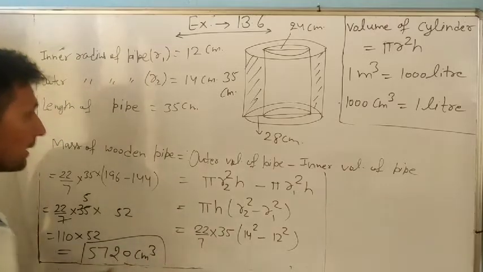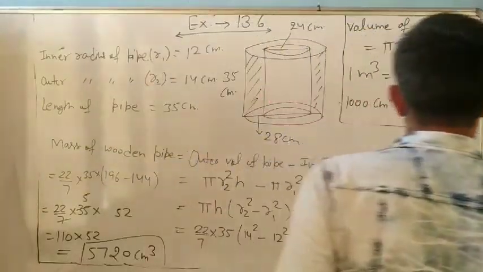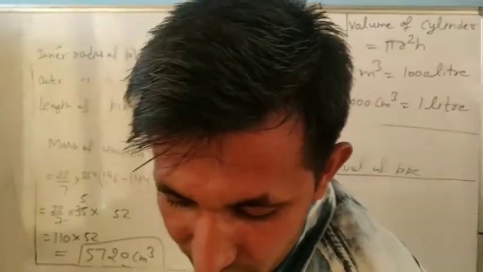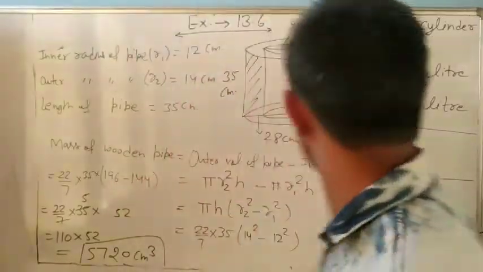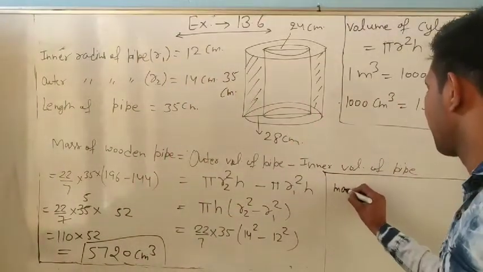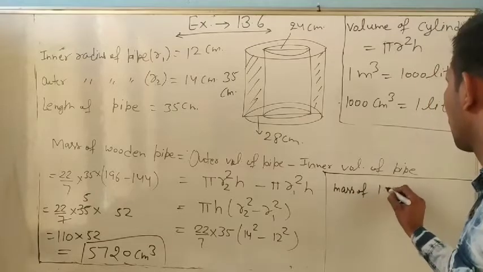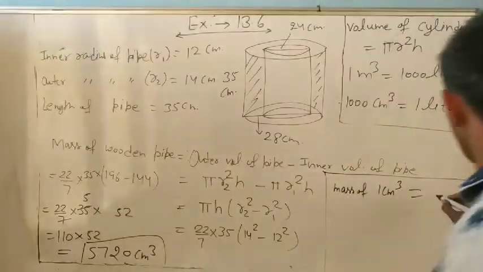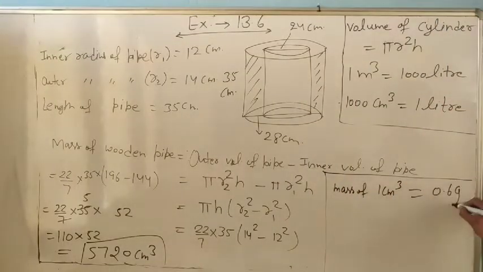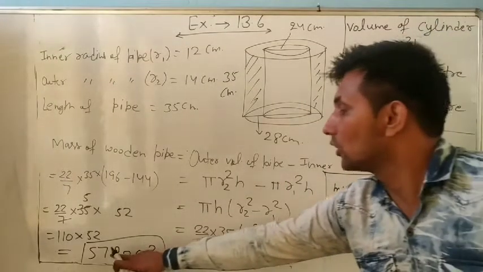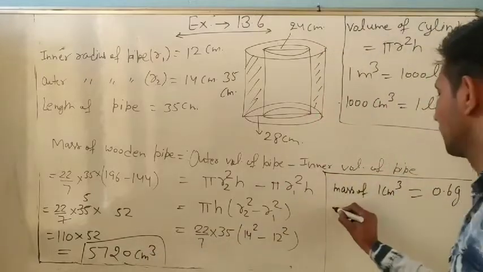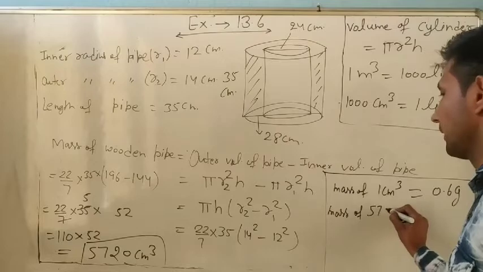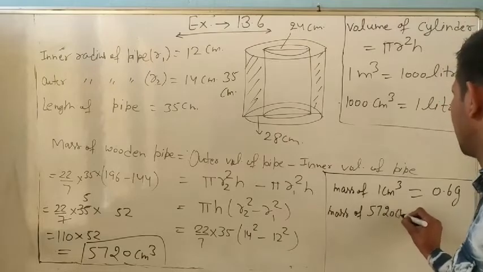It is volume, but in the question we have to find mass. So what is given? 1 centimeter cube, how much mass? 0.6 gram. But what is the total volume? So write the mass of 5720 centimeter cube.